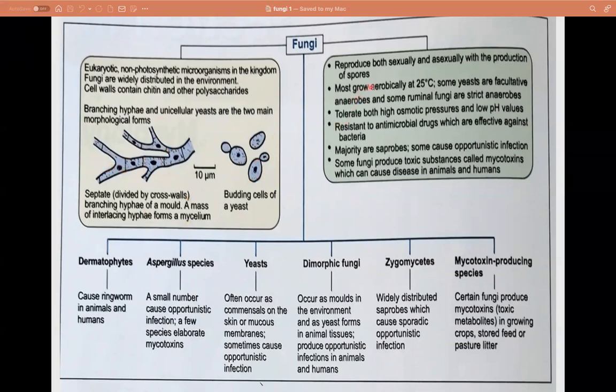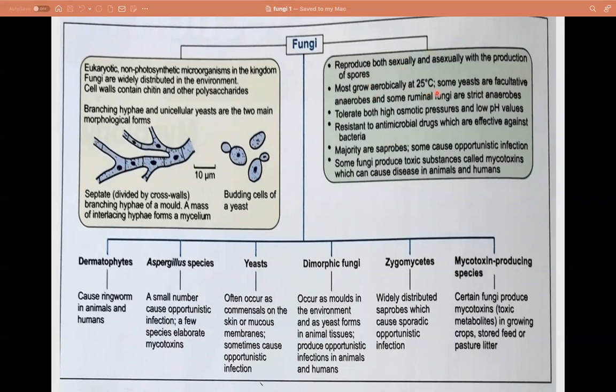So the characteristics are they are known to reproduce both sexually and asexually with the production of spores, but the spores are different from the bacterial spores produced by the genera Bacillus and Clostridium. Most grow aerobically at 25 degrees Celsius.